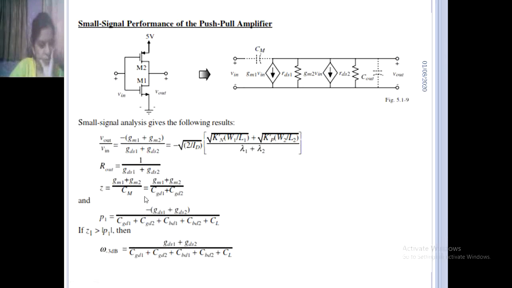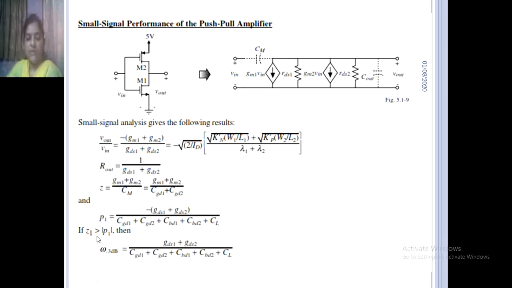This CM is the series capacitance between the gate and drain of transistor 1 and transistor 2, and the pole P1 is equal to minus (gds1 plus gds2) divided by all the capacitance values: drain to drain, gate to drain, body to drain, and the length.